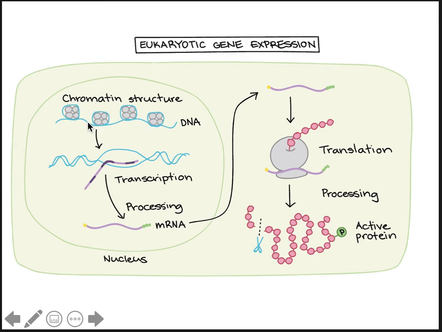And so it still needs to be loosened before the gene can be accessed by the RNA polymerase. The RNA polymerase will make the transcript just like we saw, and then there'll be some processing to make it a mature mRNA that's ready to leave.